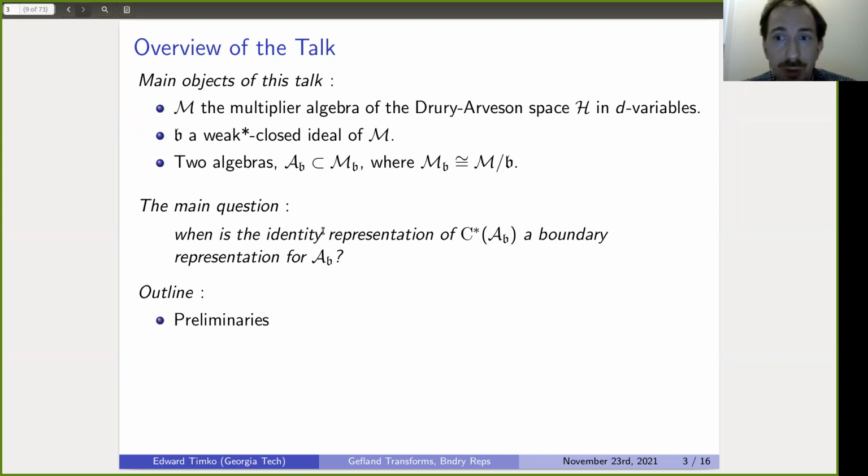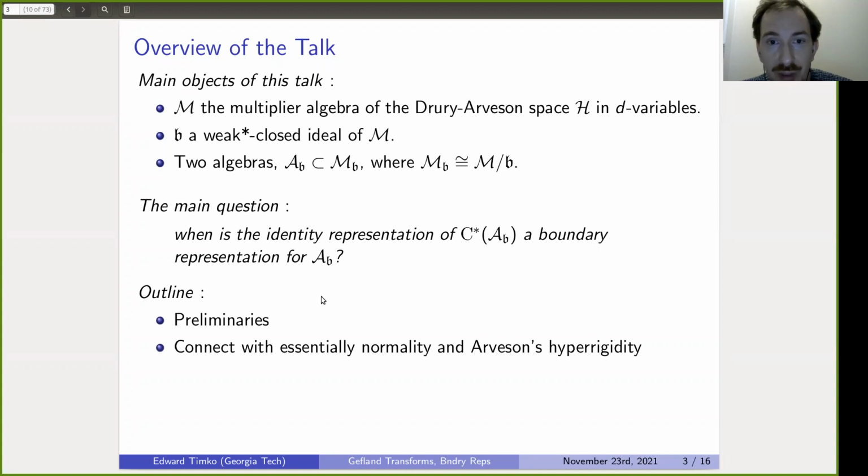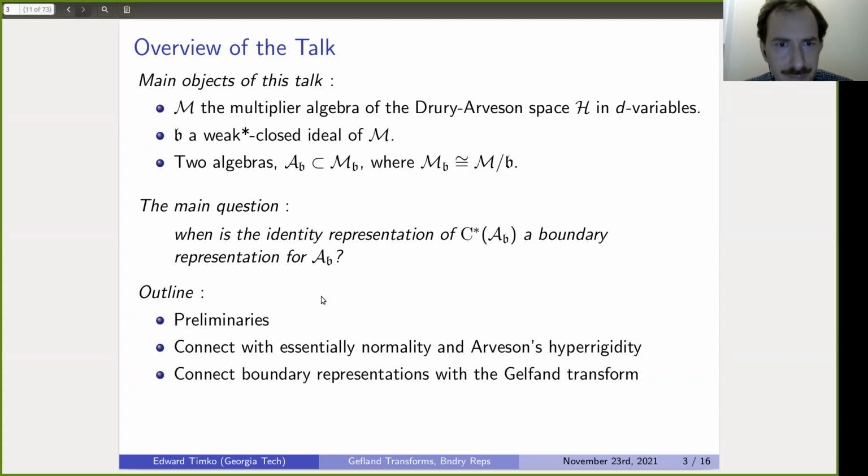But to give you an overview of how the talk's going to go, I'm first going to set down some preliminaries on what I mean by boundary representations. What are these algebras specifically? Then I want to briefly show how this connects with the ideas of essential normality of a certain model couple of operators and Arveson's notion of hyperrigidity.